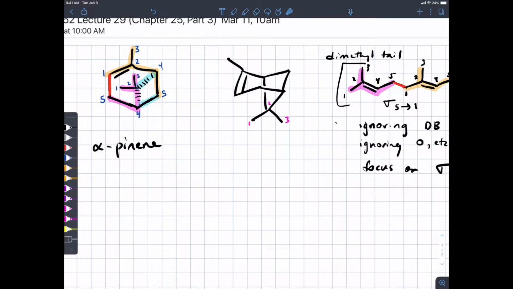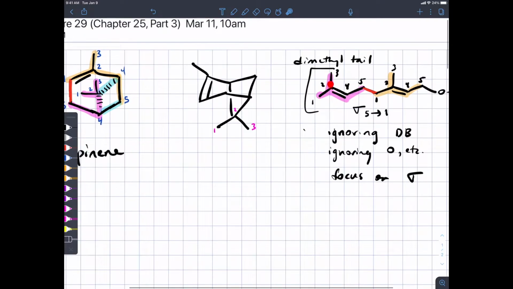And in general, the sigma bond connections in this linear precursor aren't going to change. We're going to make new ones, but those are going to stay in the product. So the only way I could have 2 methyl groups here is if they came from that carbon right there. Got it? Okay.